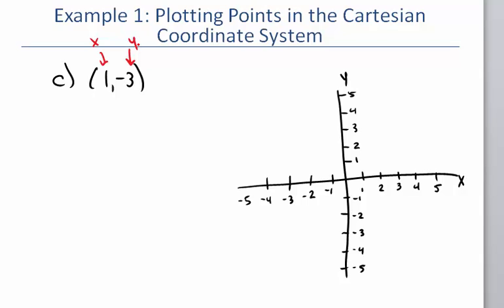We find the 1 on the x-axis and the -3 on the y-axis, and intersecting those two, we have a point in the fourth quadrant. Remember, the quadrants are labeled 1, 2, 3, 4, so this lies in quadrant 4.